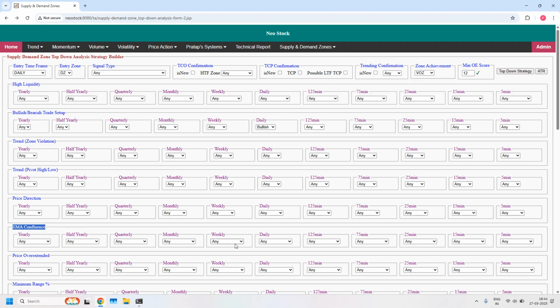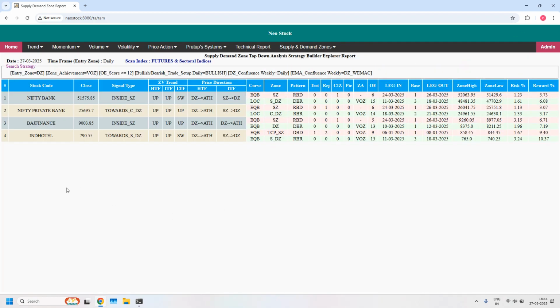So in the EMA confluence, weekly time frame, because the daily zone is a part of the weekly zone, that's why we are checking weekly demand zone having weekly EMA confluence. Anyway, trend is uptrend. We got 4 stocks. So these 4 are high probability to get success, these daily demand zones.